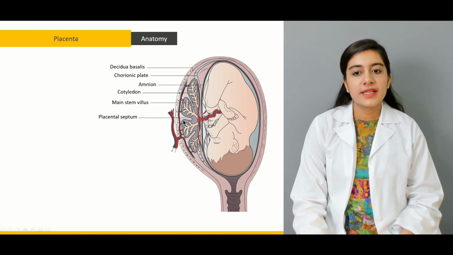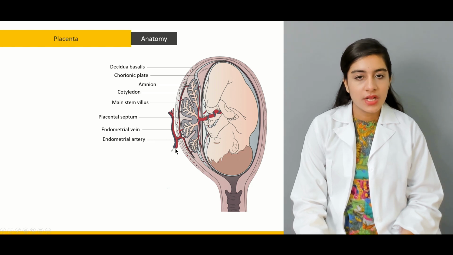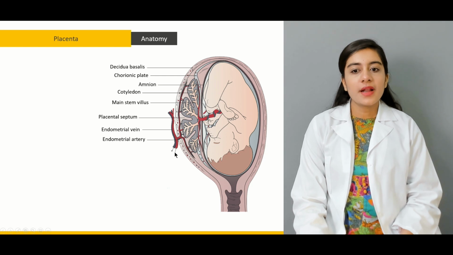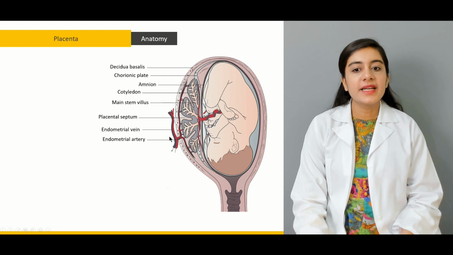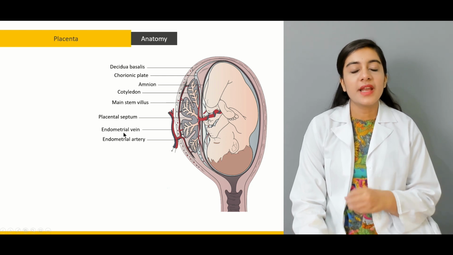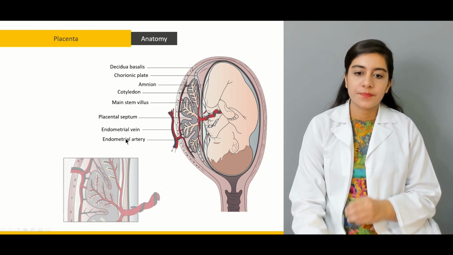Then we have the placental septum over here, this one. This blue part is showing us the endometrial vein, and this red part is showing us the endometrial artery. Blood enters the placenta from the endometrial artery and leaves the placenta via the endometrial vein.